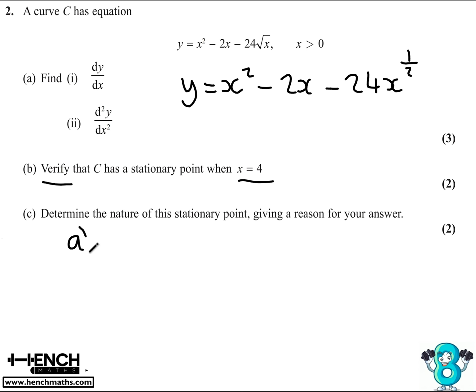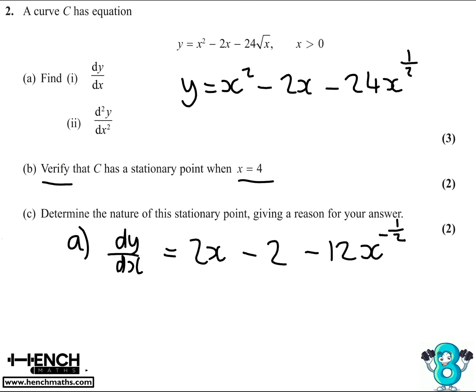So part A. We differentiate this. x squared will differentiate to 2x. Negative 2x will differentiate to negative 2, and multiply by the power, so we get negative 12x, and now subtract 1 from a half, to get the power of negative half.